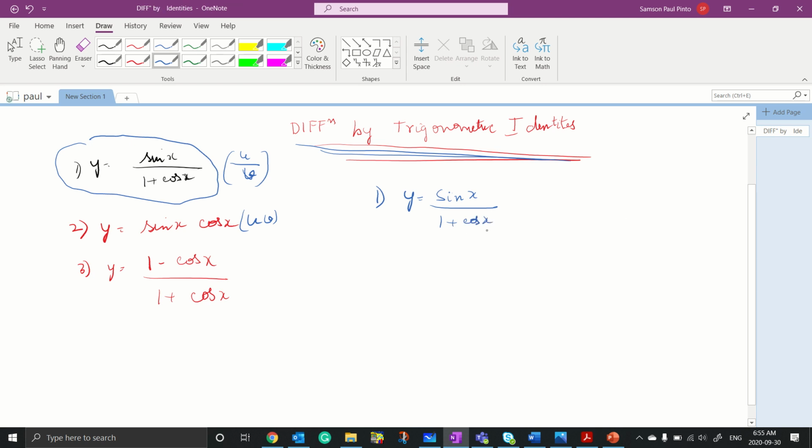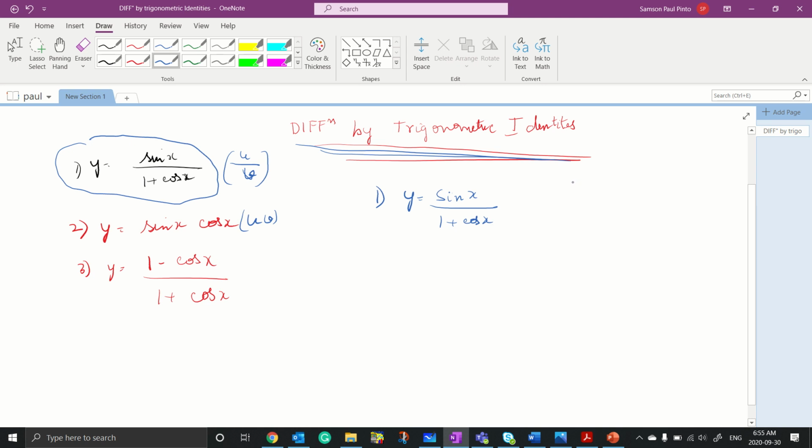Now if I were to differentiate this using the u by v rule, I would get the answer, but that's not actually one of the right ways to do it. So the right way is very simple.